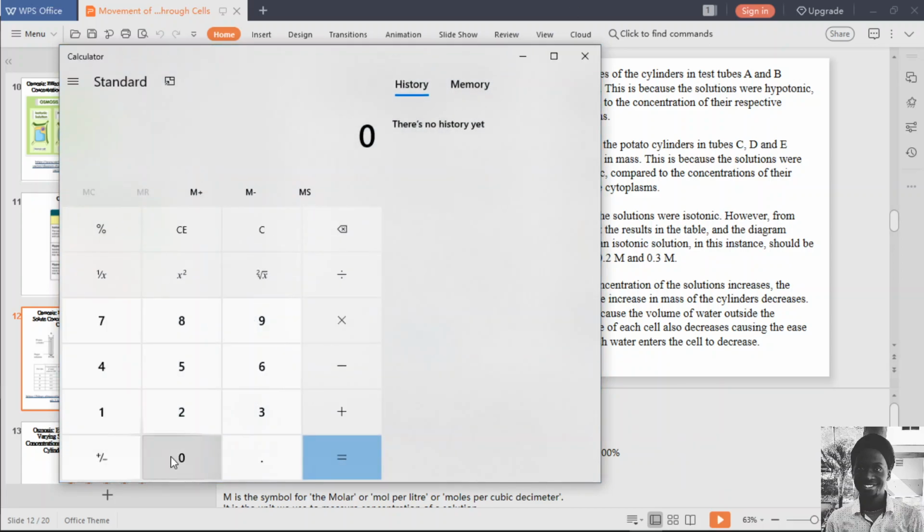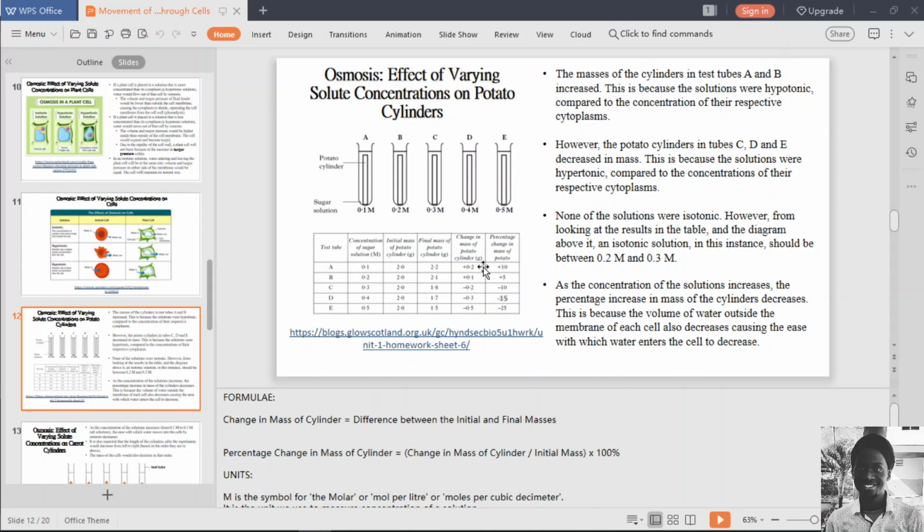So we have 0.2 divided by 2.0, you get 0.1. Multiply that by 100% and you get 10%. So here we have a 10% increase in mass for this first cylinder here.